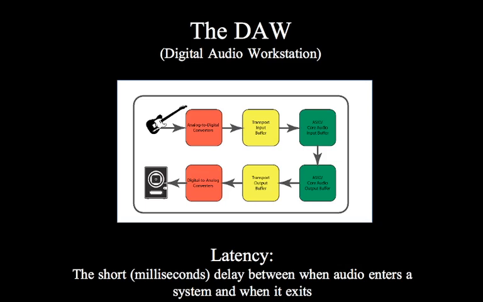Then there's the amount of time that it takes to do all of the conversion within the analog to digital and digital to analog. That is always going to take time. Getting the sound from the DAC to the computer and into the software you're using, into the DAW, also is going to take time.